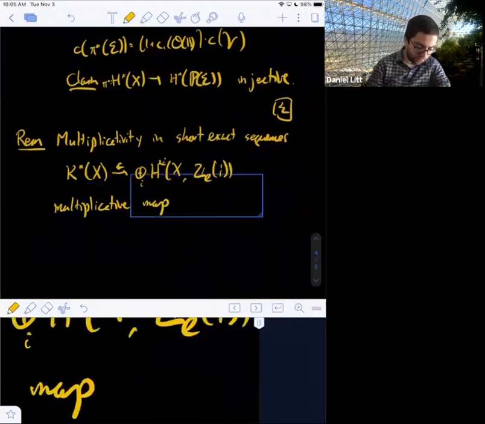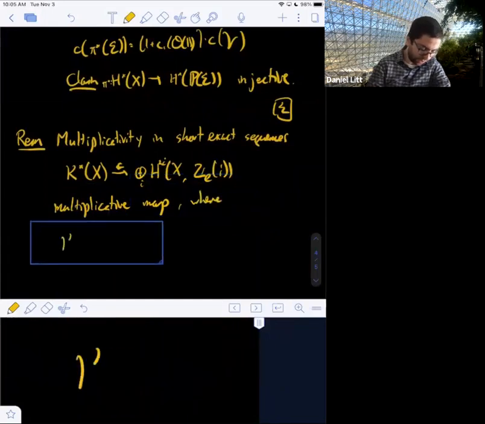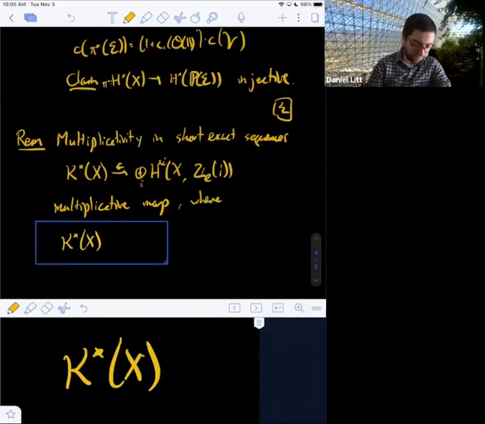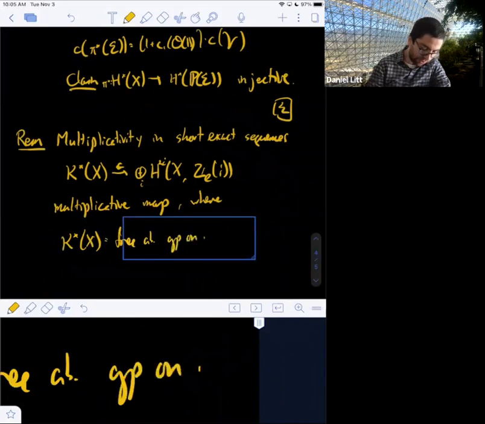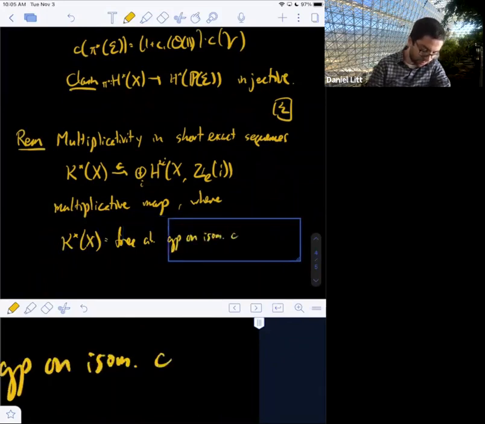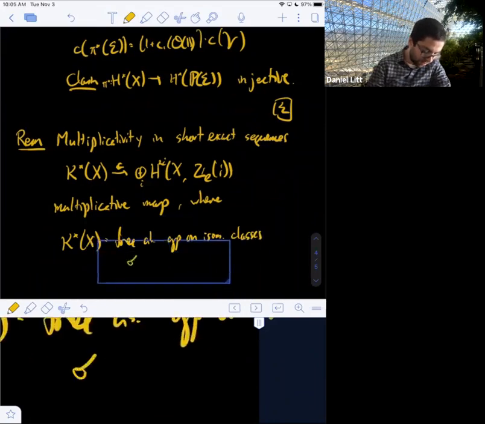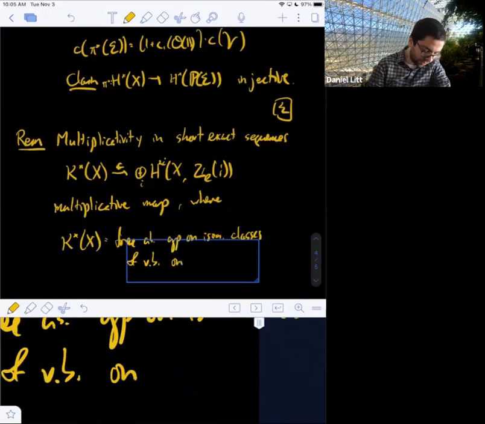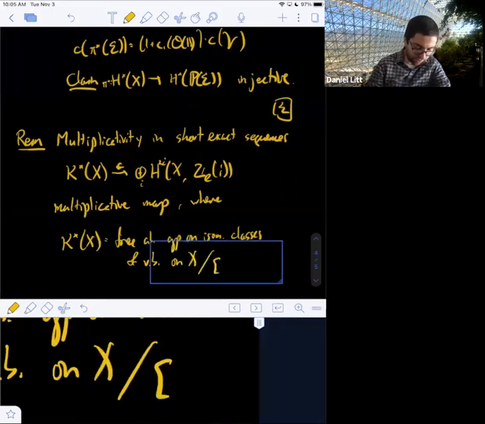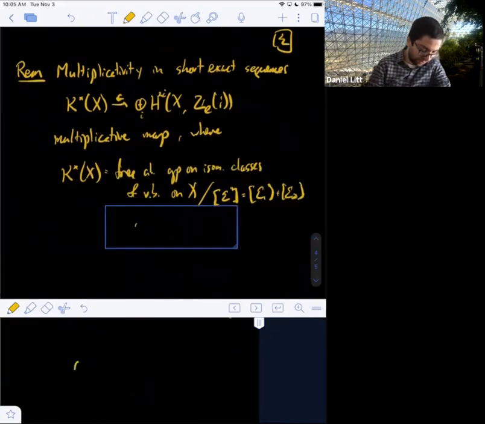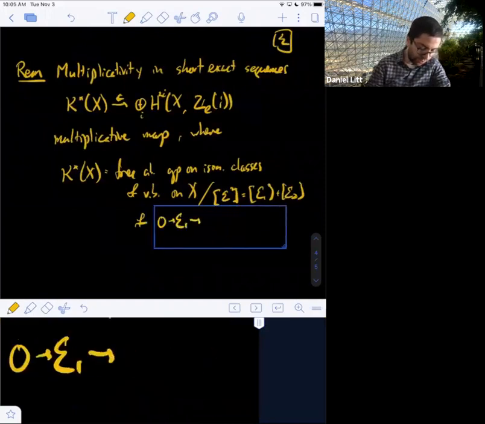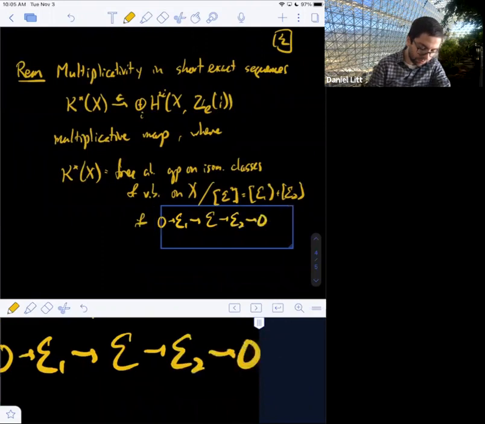So what is this K group? Here K star of X is the free abelian group on isomorphism classes of vector bundles on X modulo the relation that E is equal to E1 plus E2 if there's a short exact sequence 0 to E1 to E to E2 to 0.